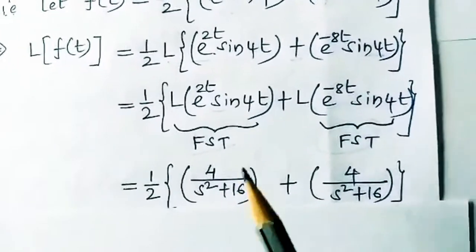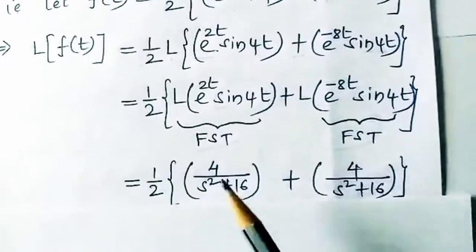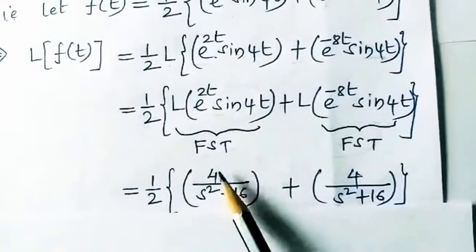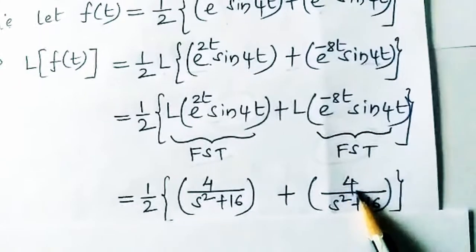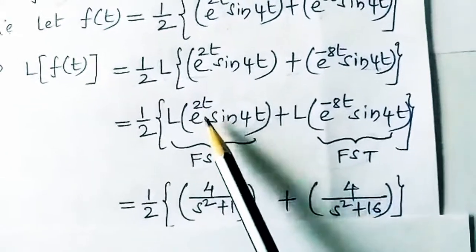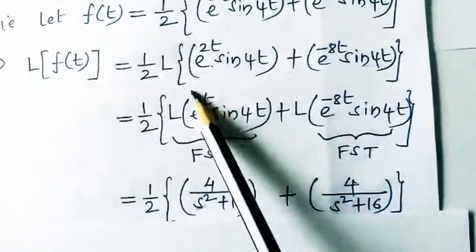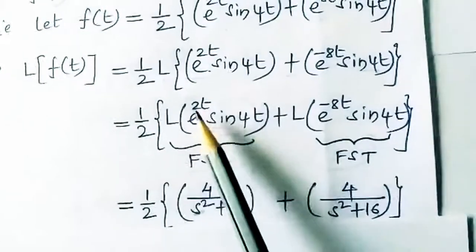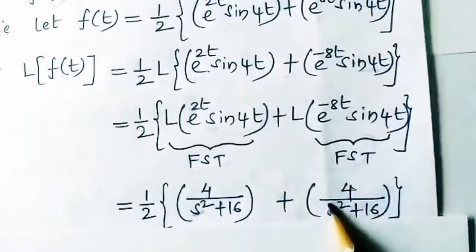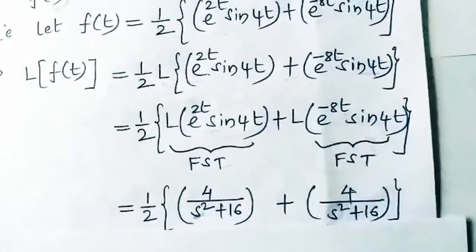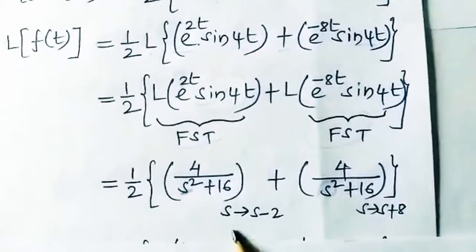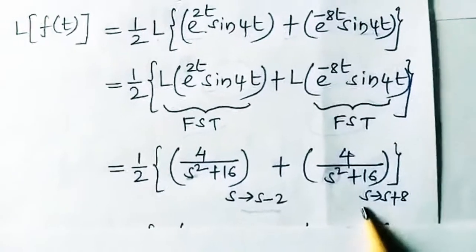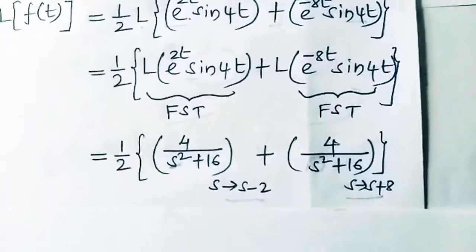What is f of t? f of t is sin of 4t, and what is the Laplace transform? 4 divided by s square plus 16, and again 4 divided by s square plus 16. In the first case, s is to be replaced by s minus 2 because the t coefficient is plus 2, and in the second case s is to be replaced by s plus 8.